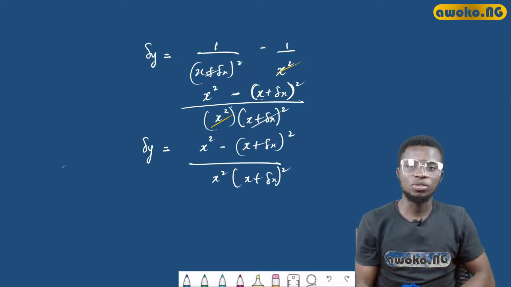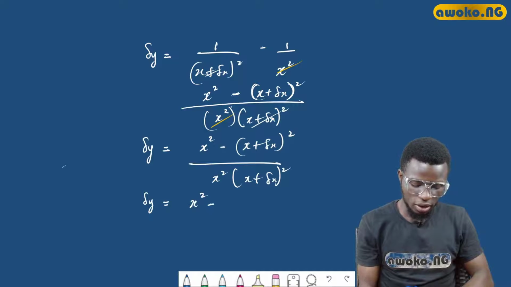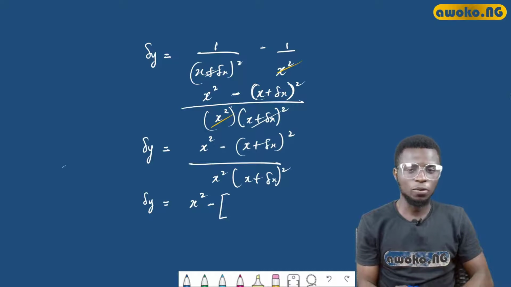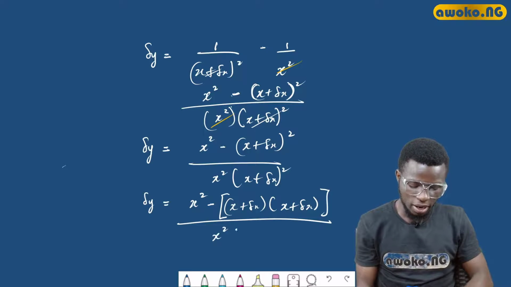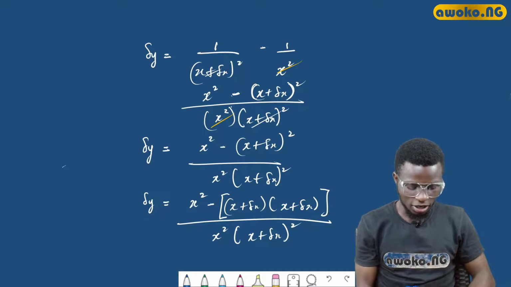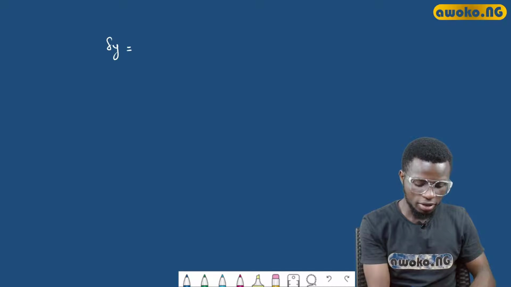If I go over to the next step, which is to open up the bracket, I would have dy equals x squared minus (x plus dx) all squared, which is the same as saying (x plus dx) times (x plus dx), all over x squared into (x plus dx) all squared.